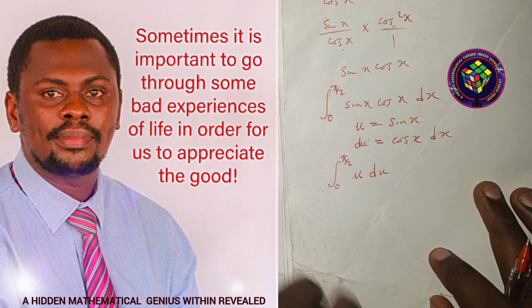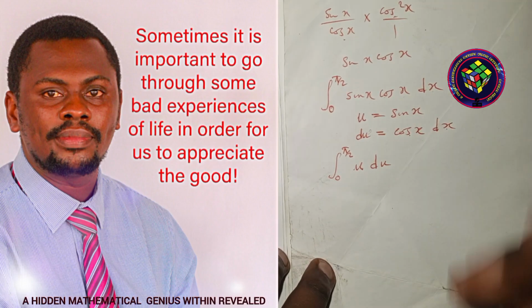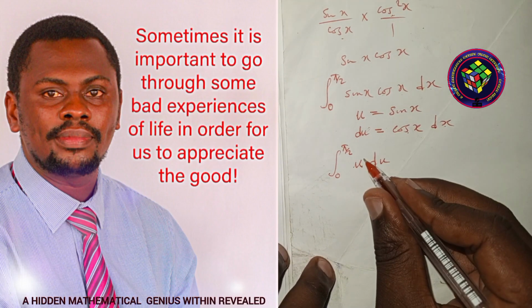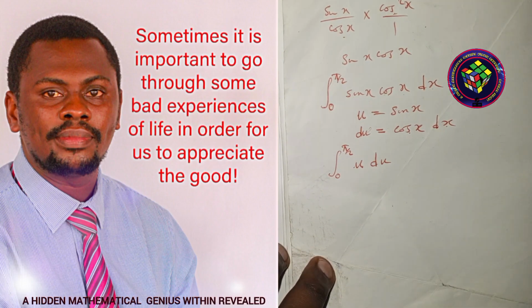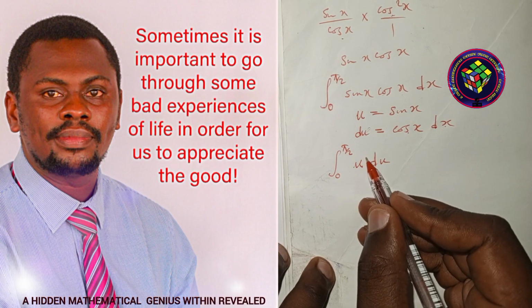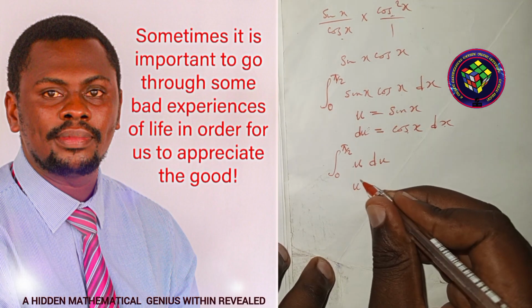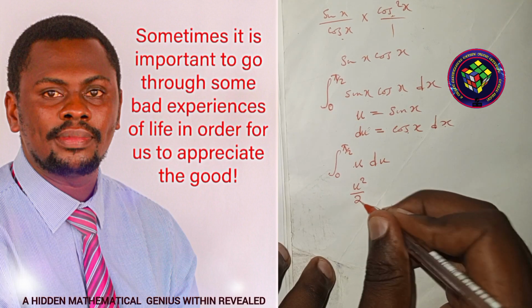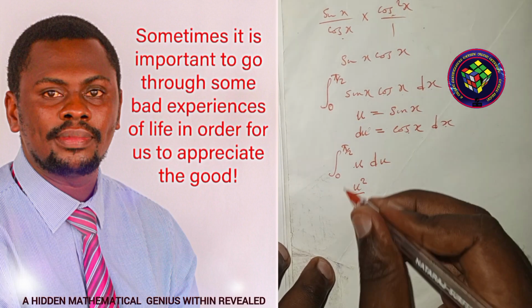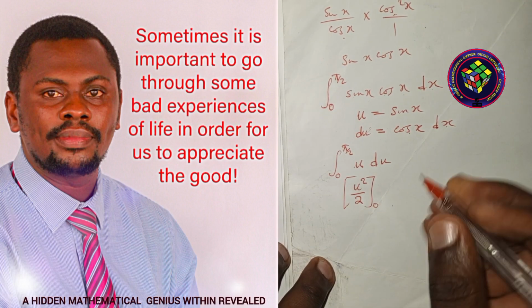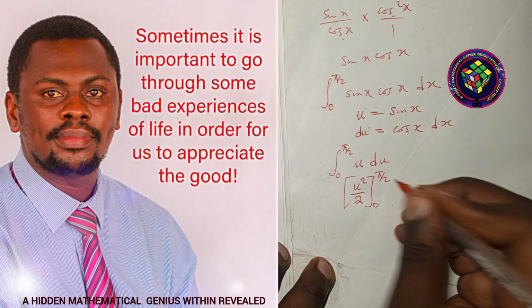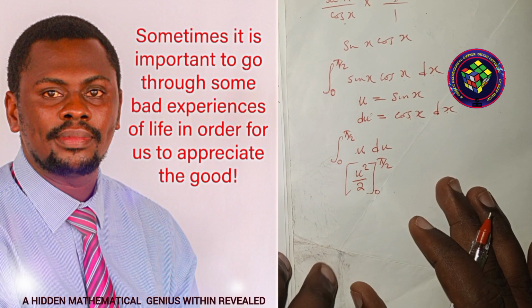You add 1 to the power, then you divide by the new power. When you add 1, you get 2, so it will be u squared over 2, with limits from 0 to pi over 2.